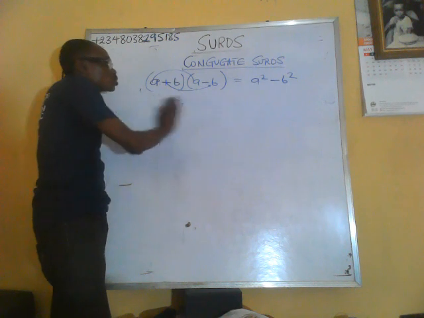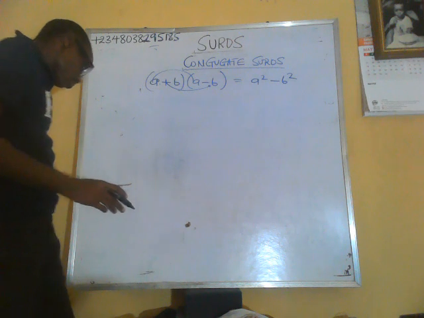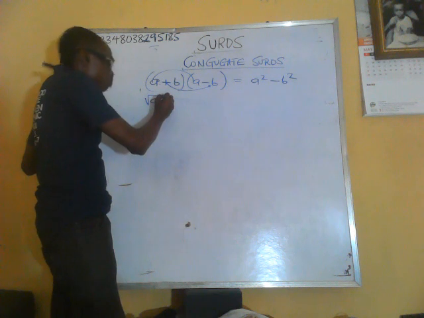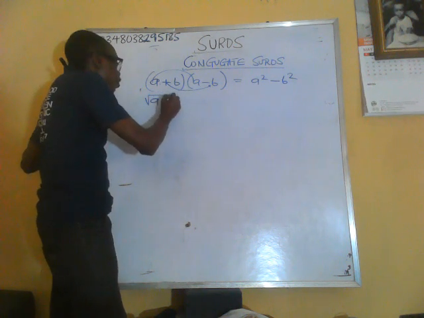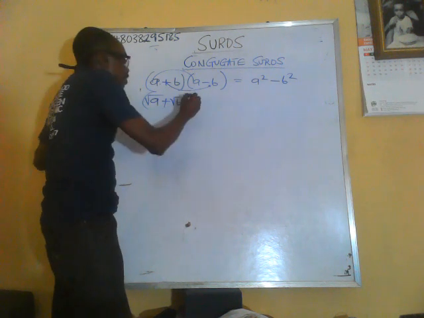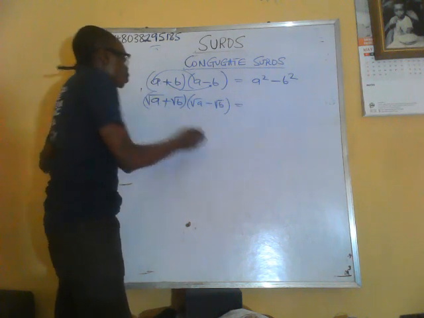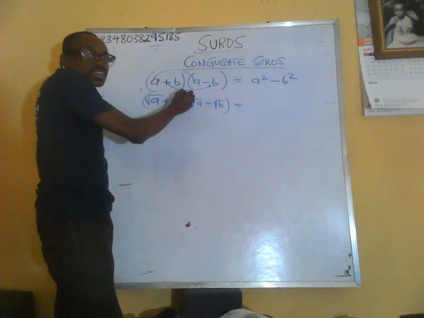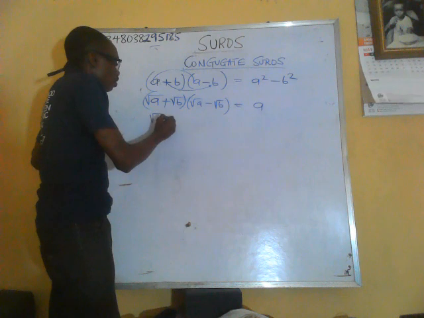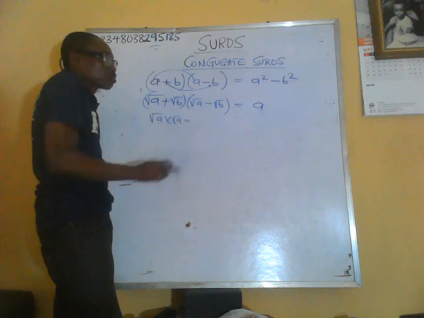So this also applies to surds. Let's assume you have the surd root A plus root B, and then you multiply it by root A minus root B. So you're going to have root A times root A. Root A times root A will give you A. When you multiply a surd by itself, the surd disappears.